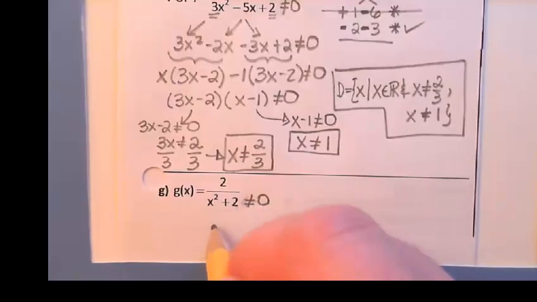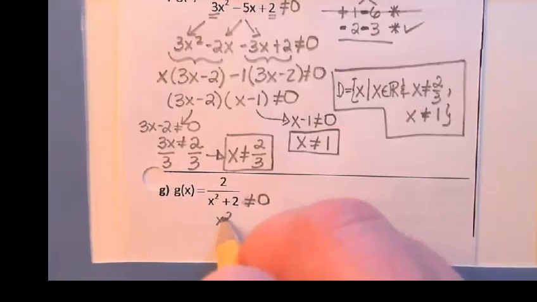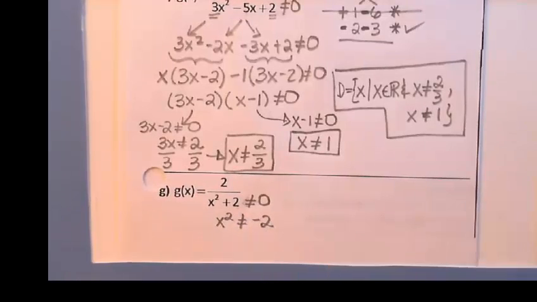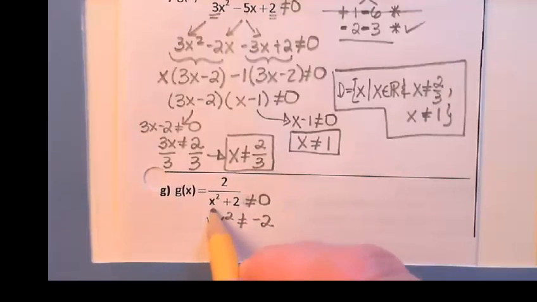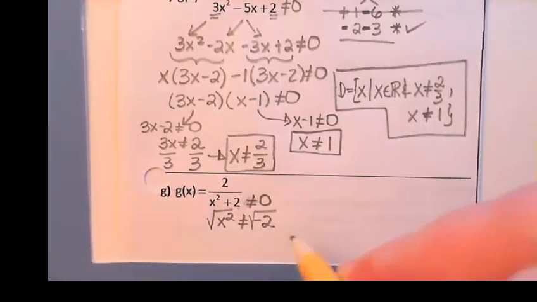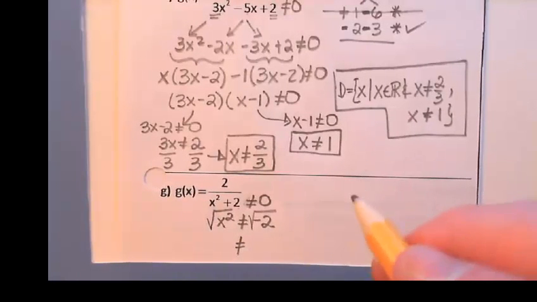Basically, you're going to try to get the x squared alone. So you're going to send the 2 to the other side, so it becomes a negative 2. To get the x alone, you're going to try to do a square root on both sides. And the thing is, the square root of a negative number is not possible. Or, in fact, what you're going to get is what's called an imaginary number.